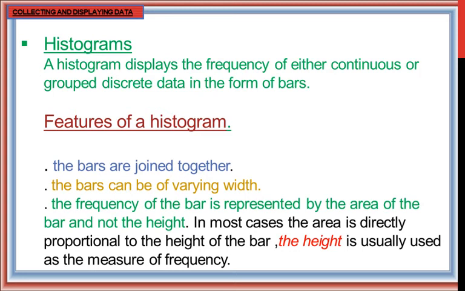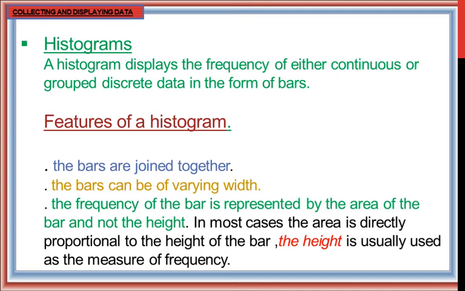Now, what are the features of a histogram? The bars are joined together, not like a bar graph, meaning they are touching. The bars can be of varying width. The frequency is represented by the area of the bar and not the height.